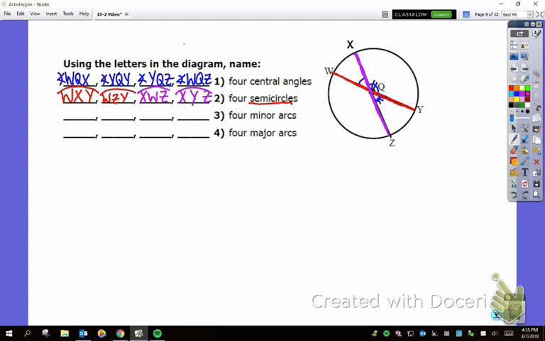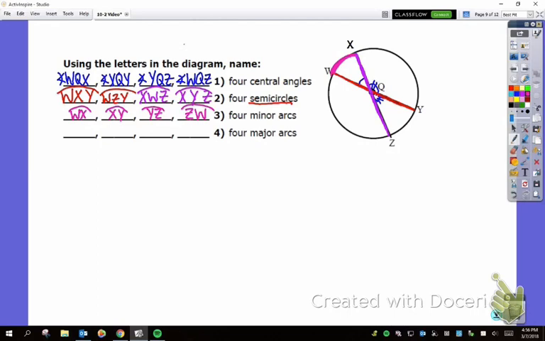So we would have WX, then we have from X to Y, then we have from Y to Z, and then we have from Z to W. Now remember, you can always name those forwards or backwards, whichever way you prefer. Okay? So again, that is like right here, that's our minor arc, 2 letters in between them.